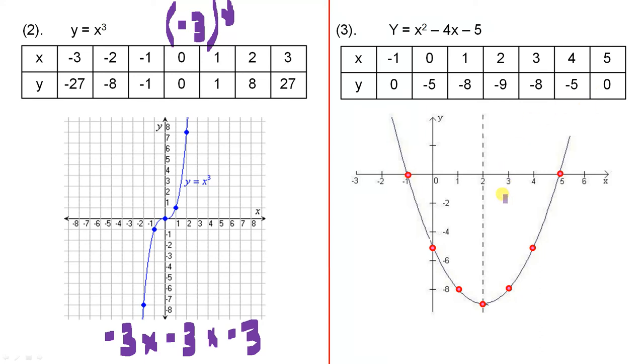When we plot those on the number plane, again, it is a parabola, but it's shifted down here. If you remember the first example we did, it was a simple parabola that sat there, but this one, because it's a little bit more involved, it's got more terms in it, it actually shifts the parabola into a different position on the number plane. So anytime you see an x squared, that's a very good clue that it's a parabola.